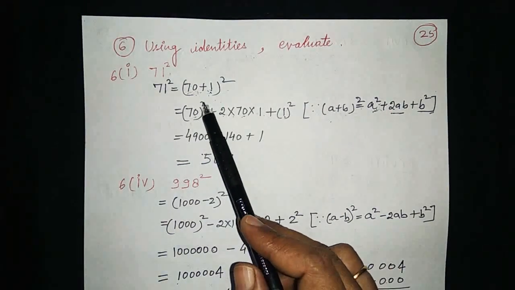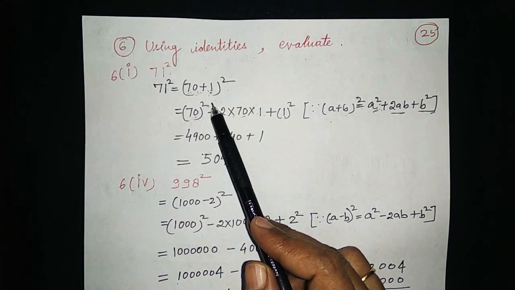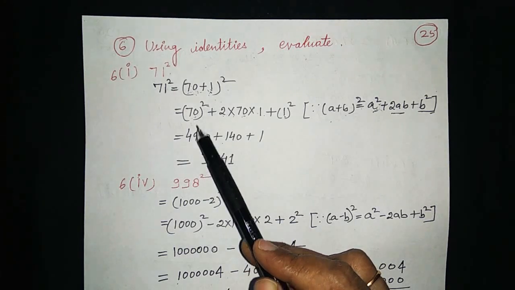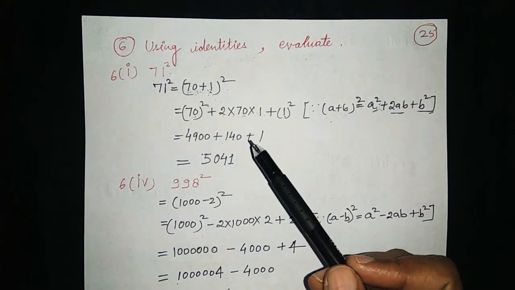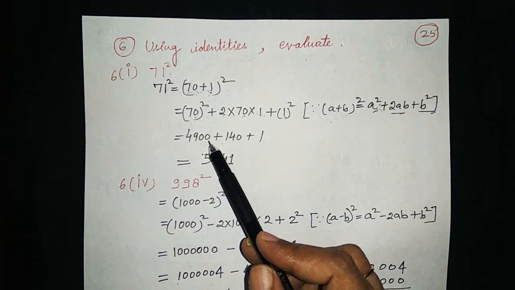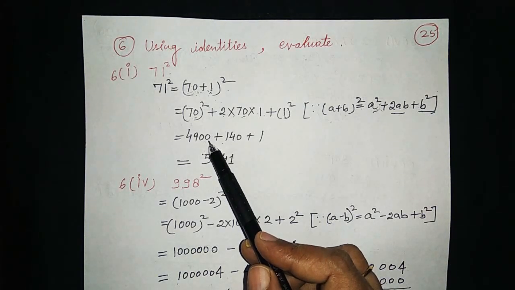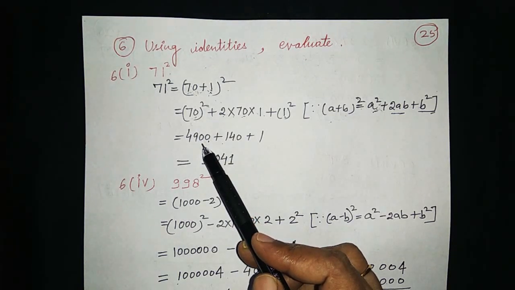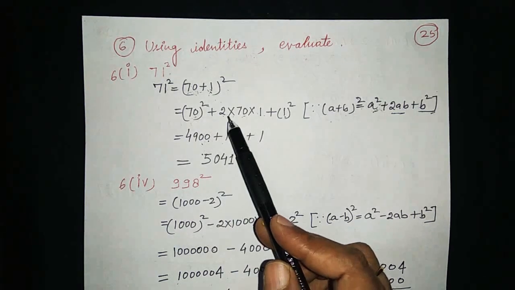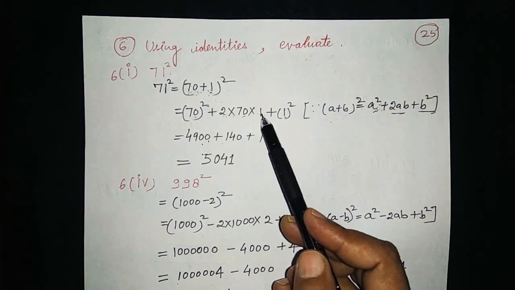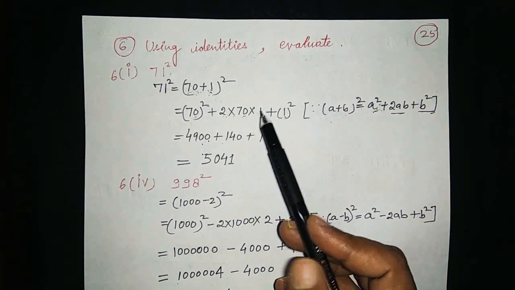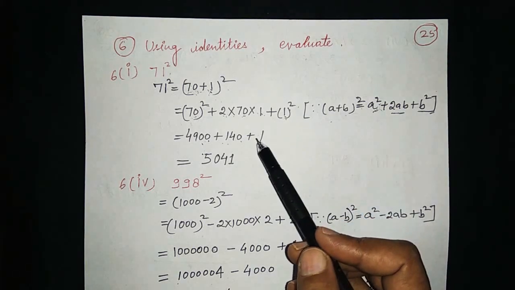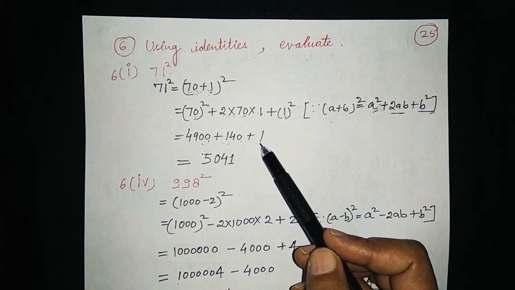Now 70 square. 7 7s are 49. Here you are doing square of 70, so here 2 more zeros you will put. Like this you have got a square of 70. Now 2 into 70 into 1. What will come? 140. And then plus 1 square. For this 1 square you can write here 1.